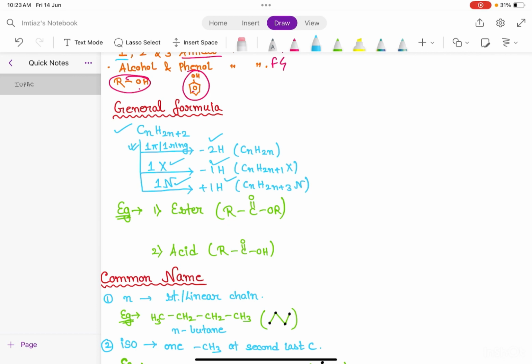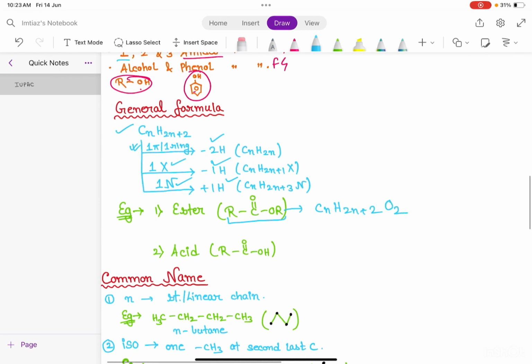Let us see the example. Ester. Right now, just remember that we will discuss ester in the functional group priority order. CnH2n+2 is the default, and 2 oxygen are also there, so write O2. Now there is 1 pi bond, you can see the double bond, so 1 sigma and 1 pi. 1 pi means minus 2 hydrogen.